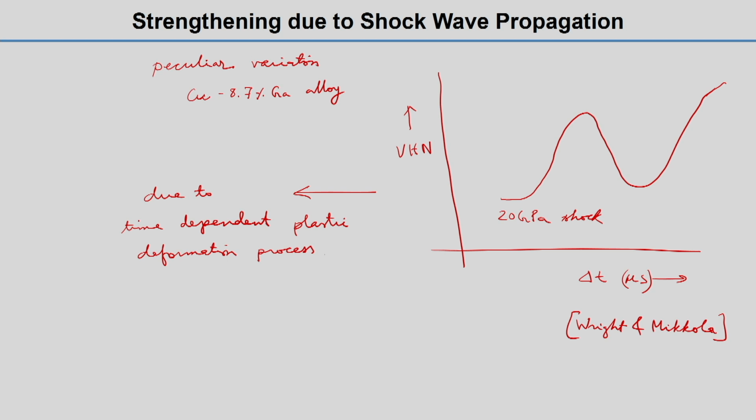So, that means under shock loading, or induced by shock loading, whatever we discussed about this pulse duration effect, delta t effect, is due to different mechanisms. So, it may not be due to a single mechanism.